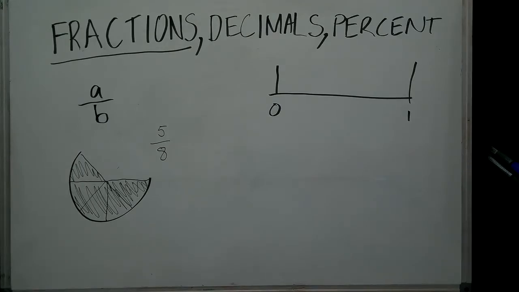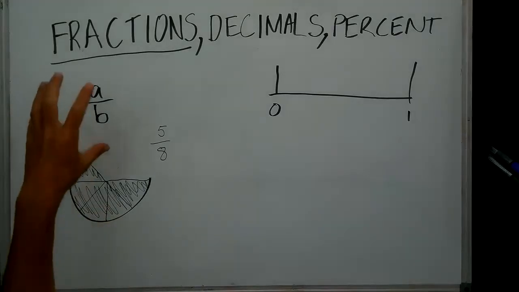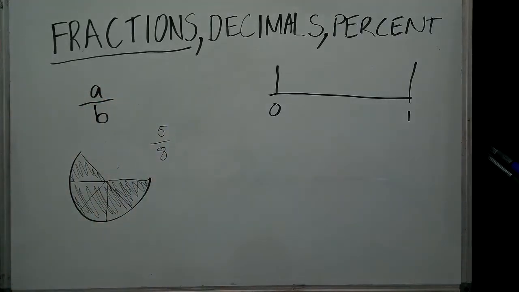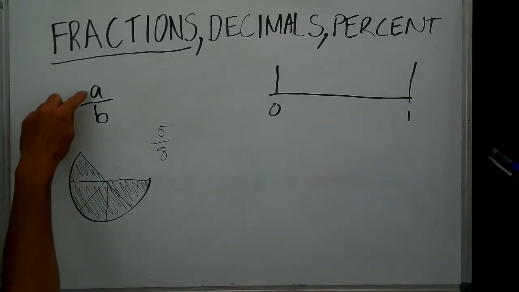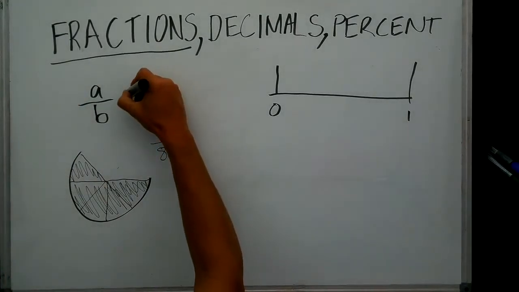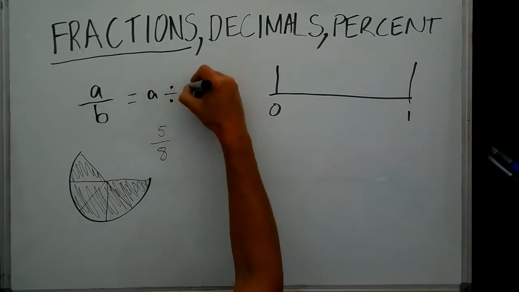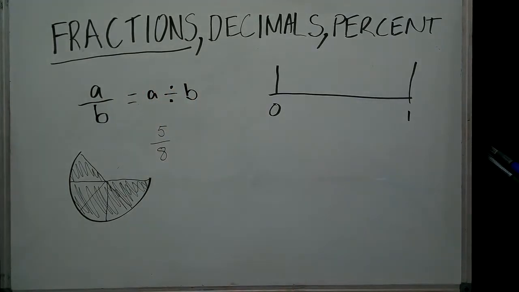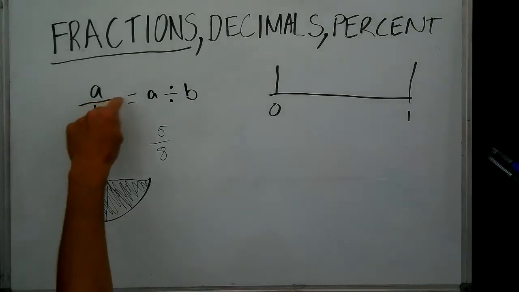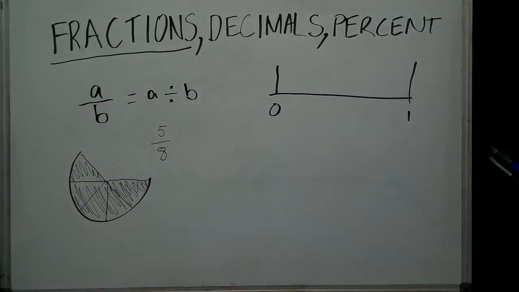Something else to be aware of is, in the form that a fraction is, it essentially means this equals A divided by B. So this line, it's kind of like the divide symbol.